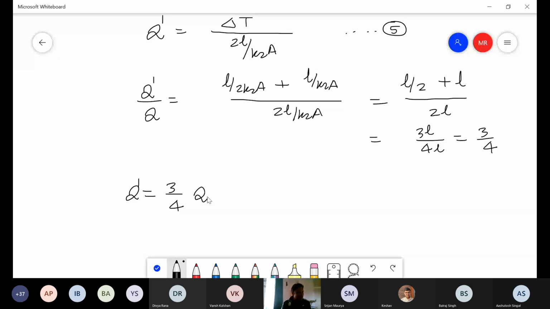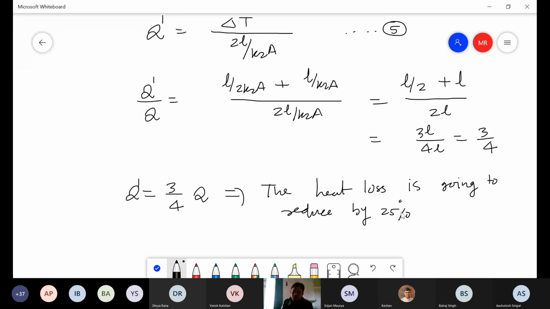The heat loss is going to reduce by 25%. So this is the answer of the second part.